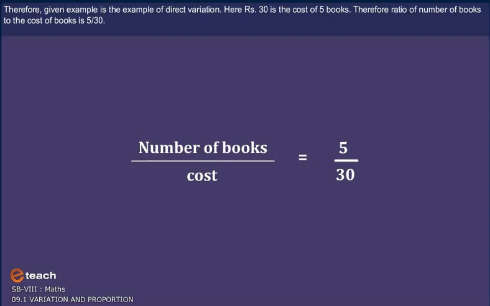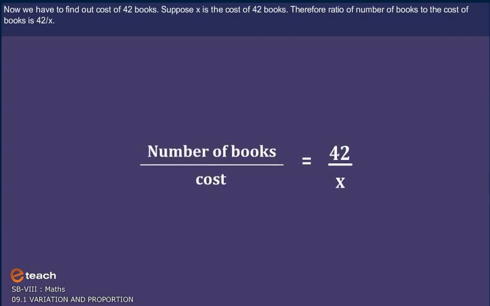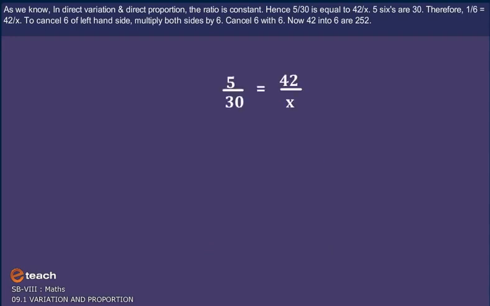Now we have to find out the cost of 42 books. Suppose x is the cost of 42 books. Therefore, the ratio of number of books to the cost of books is 42/x. As we know, in direct variation and direct proportion, the ratio is constant.